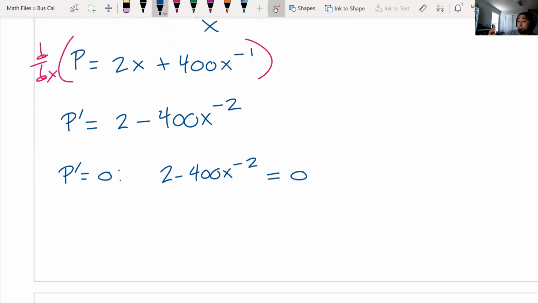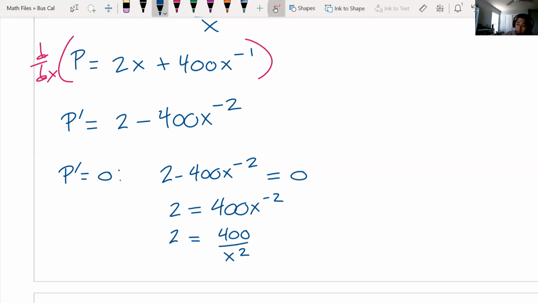I'm going to add 400x to the negative 2 to the right side. I'll get 200 equals positive 400x to the negative 2. The next thing I'm going to do is take that x to the negative 2 and flip it back to the denominator. So we'll get 200 equals 400 over x squared.